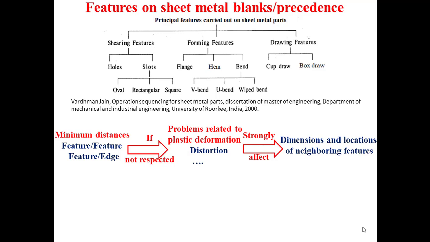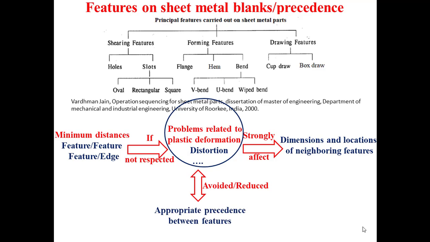For a reason or another, it's not obvious to respect these minimum distances between features or between features and edges. Nevertheless, we can avoid or reduce the problems related to the plastic deformation using an appropriate precedence between features.